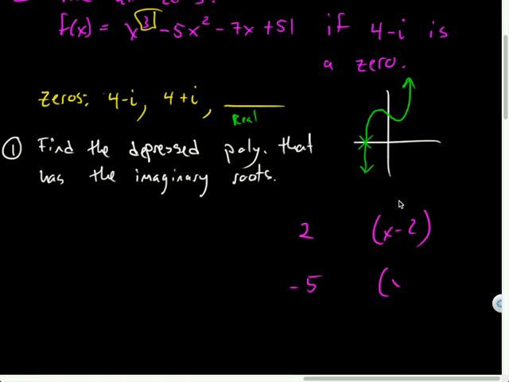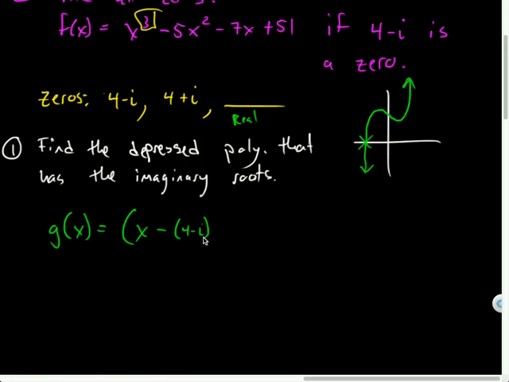So it turns out that this factor theorem also applies in the case of complex numbers. So if a is 4 minus i, then I think I've been working with green for my g of x. A factor will be x minus 4 minus i. Kind of weird looking, but let's be cool.